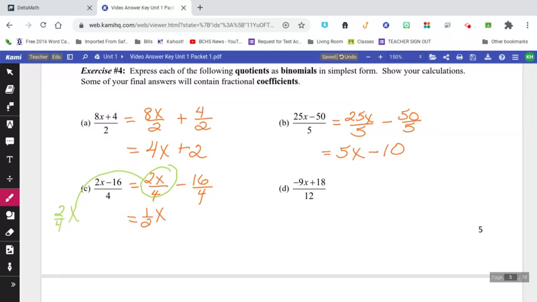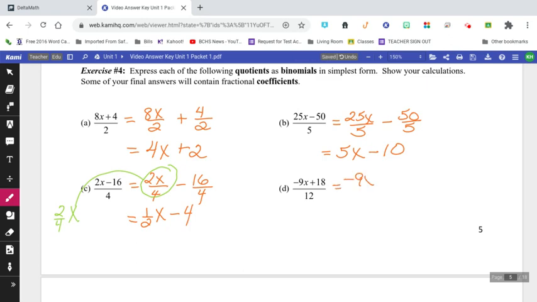The x doesn't have to be up with the 2. It can't be down with the 4, but it doesn't have to be up with the 2. The 2/4 can kind of be floating outside. So you would reduce the 2/4 to 1/2 and then have the x. Either way is fine with me. Okay? Minus, and now 16 divided by 4 is 4.